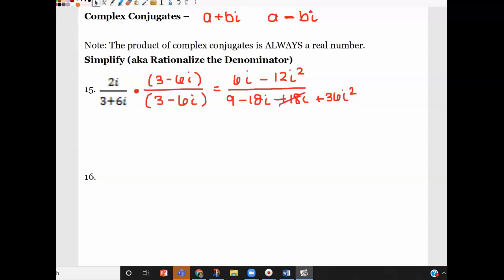Change your i squareds, clean up your terms. So i squared times negative 12 gives 12 plus 6i in the numerator. And my denominator will become 9 minus 36 because i squared becomes negative 1. So you get negative 36 plus 9, which is negative 27.